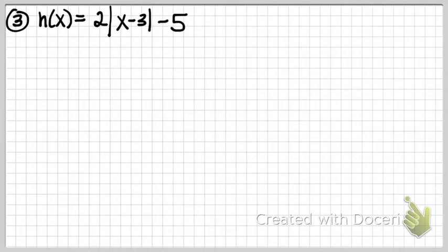So again, you're going to identify a, h, and k, state your transformations, and then determine which parent table we're looking at. What kind of function are we graphing? Absolute value. So that's the parent table. I'm going to give you a couple of minutes to try and graph it all by yourself, and then you can compare your answer.